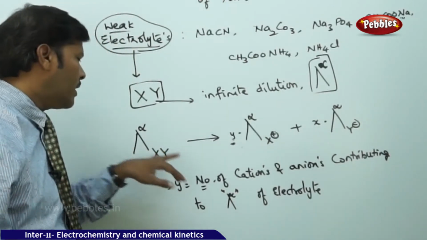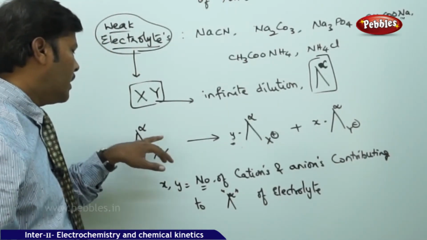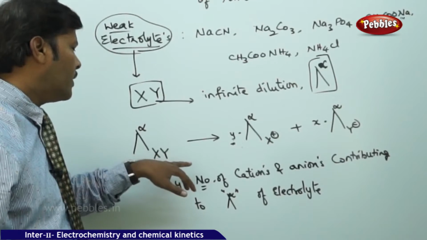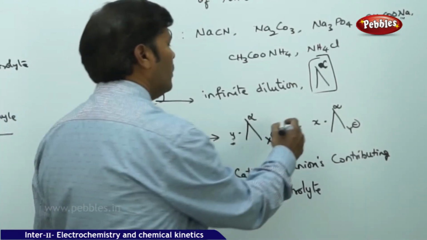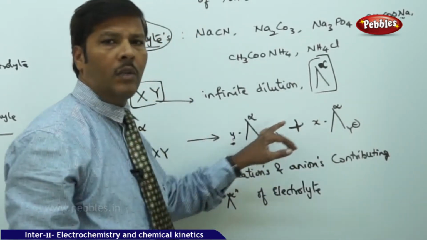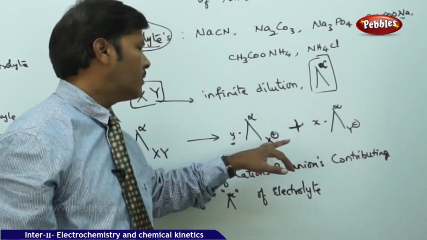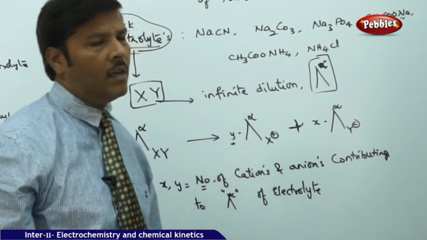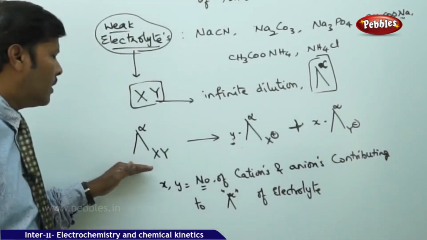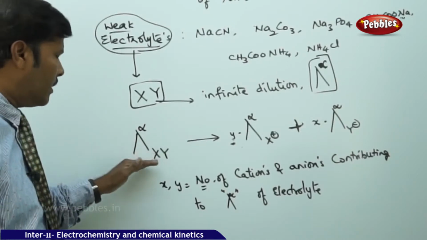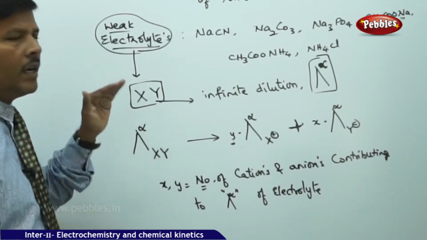So the equivalent conductance of the electrolyte XY at infinite dilution is equal to the sum of the equivalent conductances of the cations as well as anions, which is nothing but the conductivity shown by the weak electrolytes at infinite dilution.